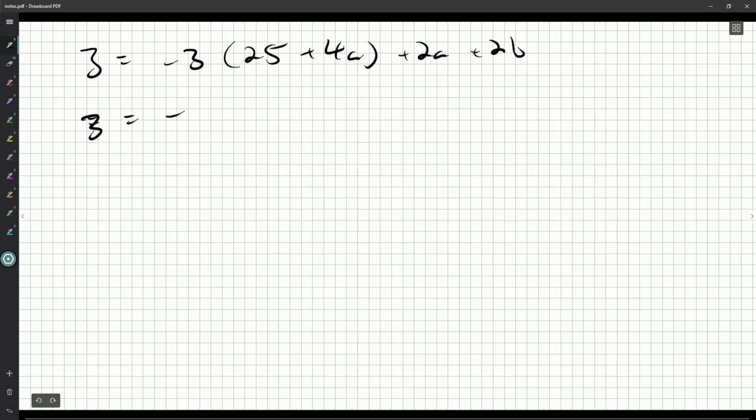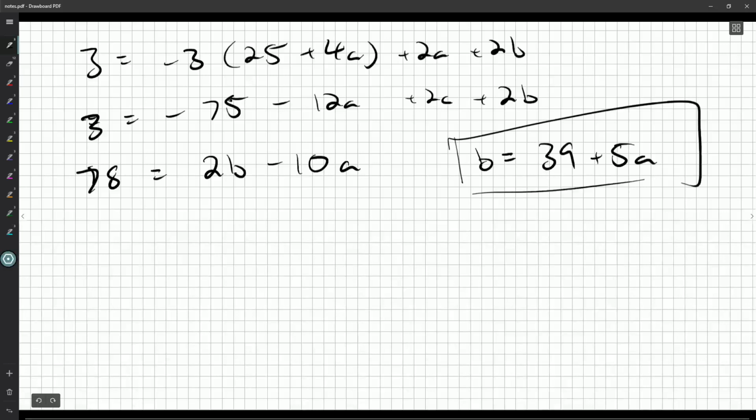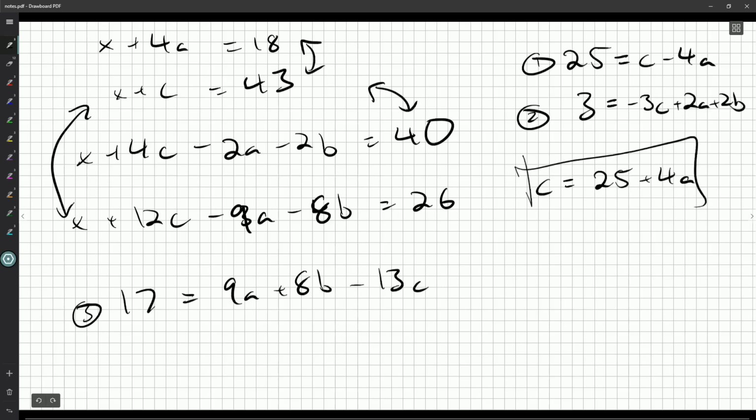So 3 is equal to minus 75 minus 12a plus 2a plus 2b. 78 is 2b minus 10a. And I can actually divide by 2 and bring the 10a over to the other side and say b is 78 divided by 2 is 39 plus 5a. So now I know what b is in terms of a. I know what c is in terms of a. Let's put it into this last equation. We should be able to find a.